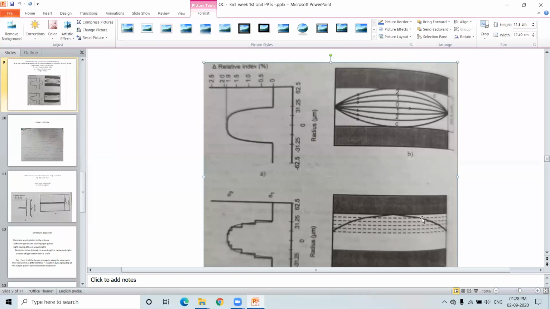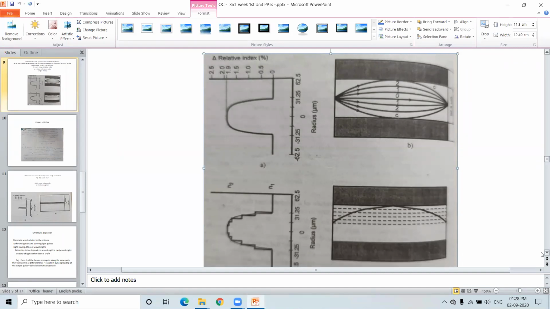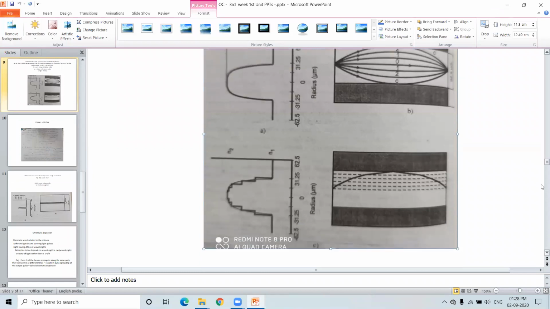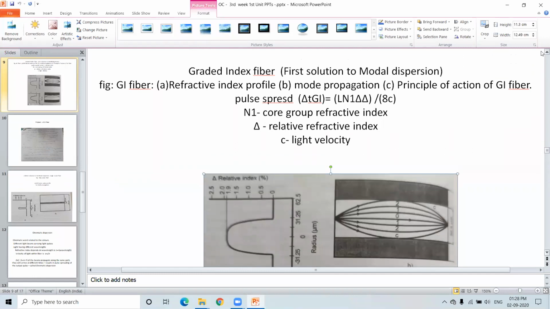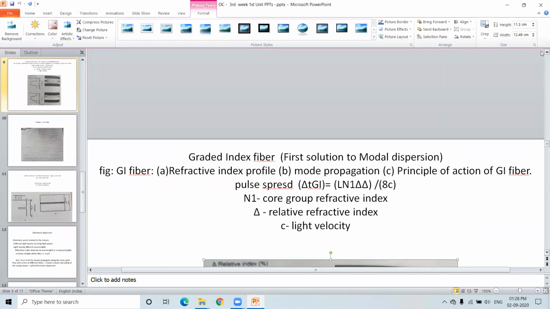So it is going to take this curve and reach here. More or less they are going to reach the destination end of the fiber after traveling a distance of L length, at more or less the same time.